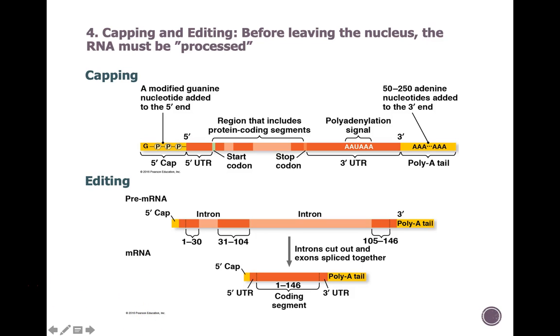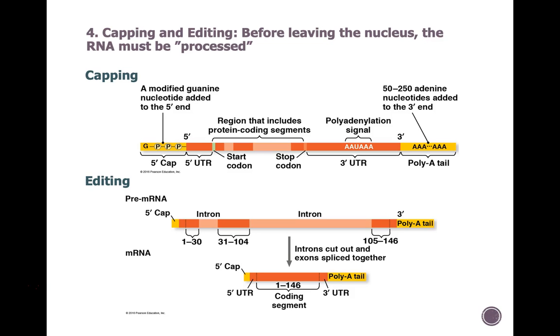The other part of this last step in transcription is editing. If you were going to turn in a paper, you would check to make sure the title's good. You would check to make sure you have your conclusion paragraph. And you would check to make sure there's nothing unnecessary in the middle.